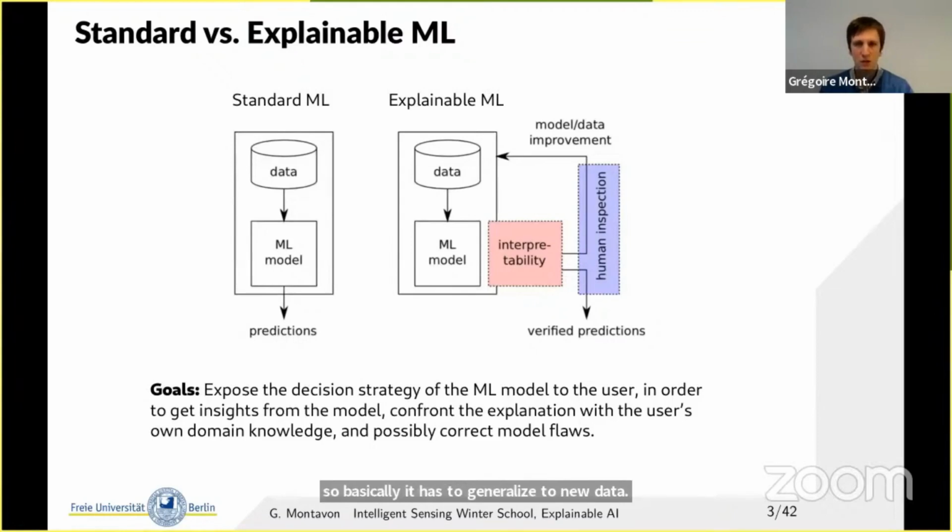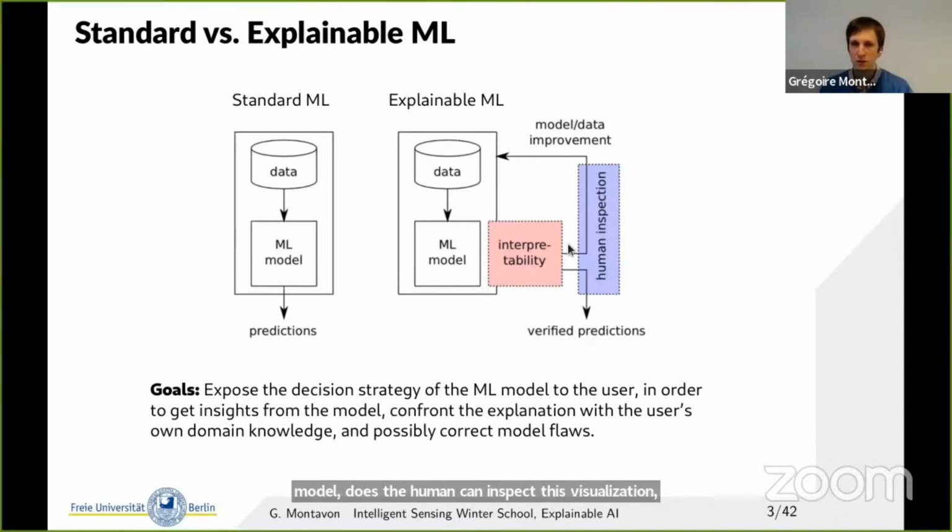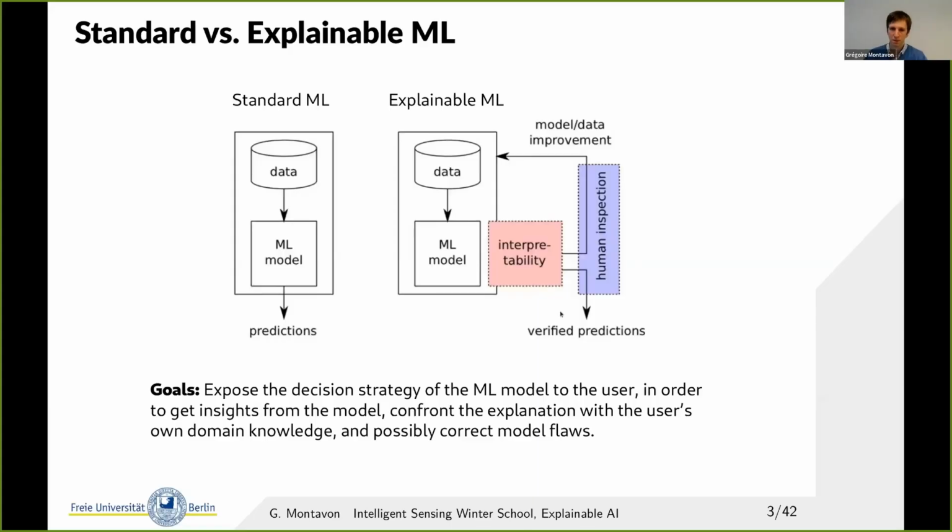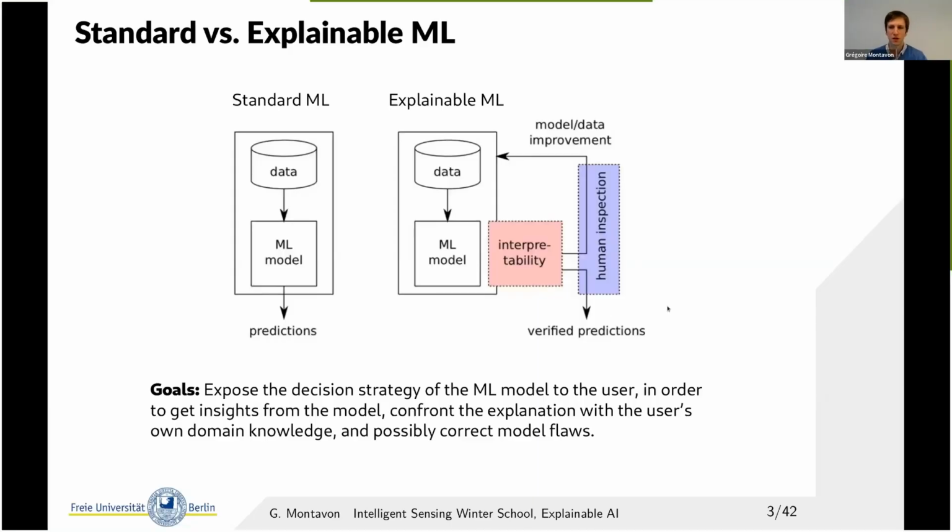So basically, it has to generalize to new data points. And with explainable machine learning, you add the human in the loop. So basically, you are trying to start from the machine learning model and build some interpretability into this machine learning model. For example, returning some kind of visualization of what the machine learning model does. The human can inspect this visualization to verify that the strategy of the machine learning model is consistent with the human own domain knowledge.